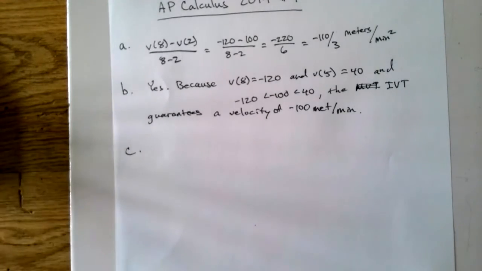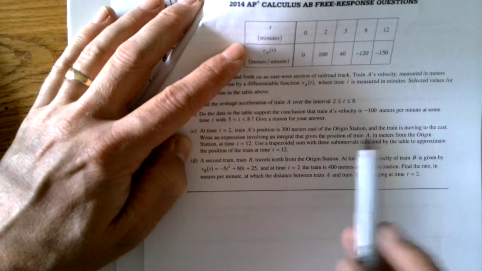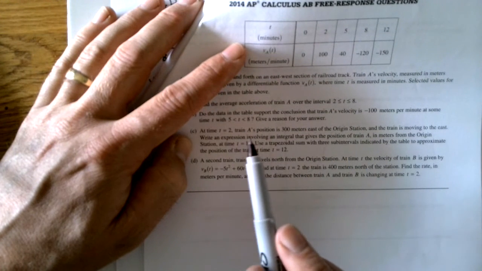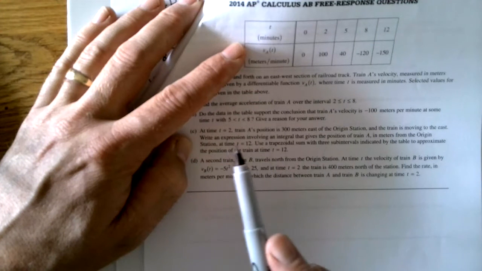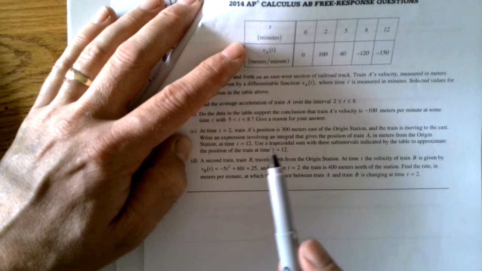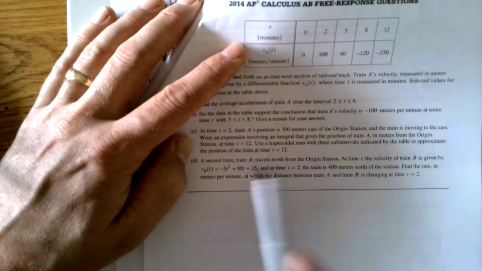Question C says, at time 2, the position of the train is 300 meters east, and the train is moving east. Write an expression involving an integral that gives the position of train A in meters from the origin station at 12. Then use the trapezoidal sum with 3 subintervals to find the position at 12.